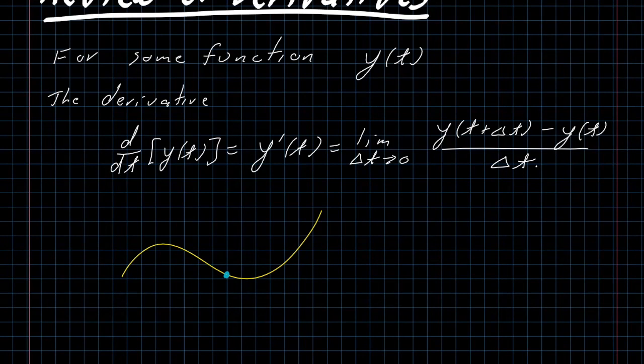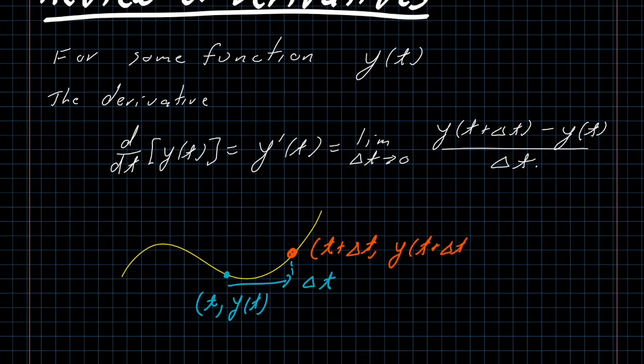So if I have a curve here, this is y of t graphed. So any one point is the point that has coordinates t and y of t. And I move from that point some distance, delta t, that will take me to a new point on the graph, which I'm going to mark in red. And this will be the point t plus delta t, y of t plus delta t.